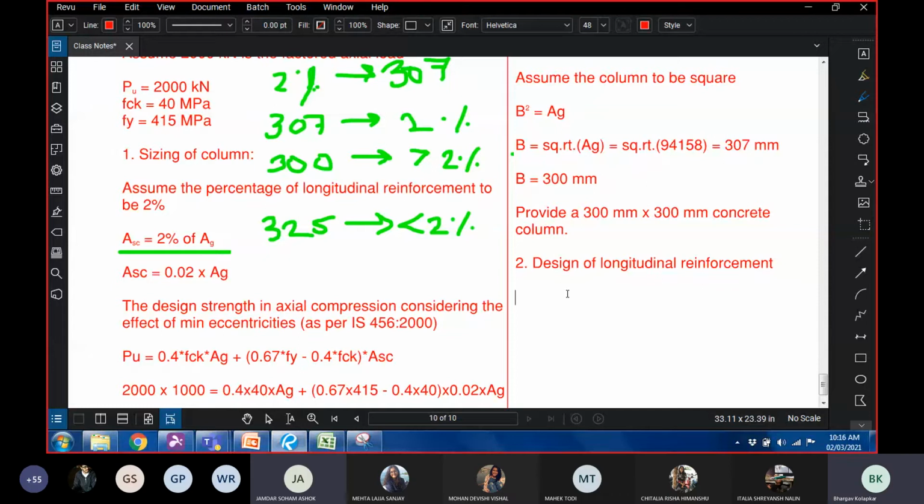Okay, let me put it this way. In analysis, what I mean is when we try to find out the load for which something has to be designed.